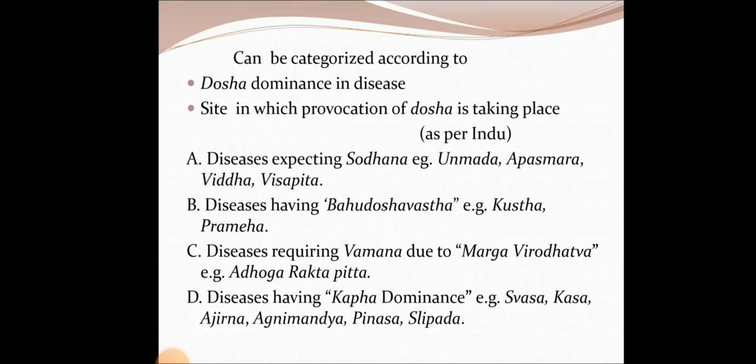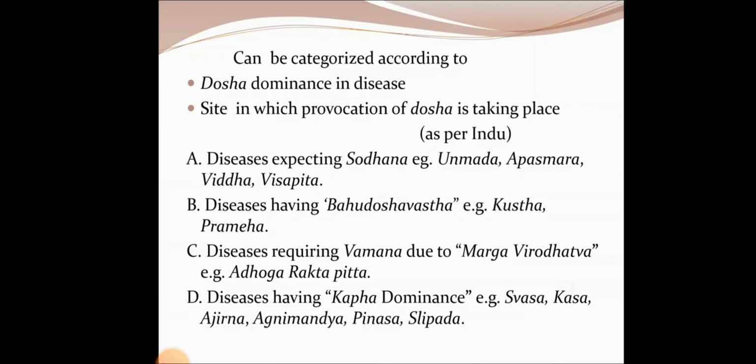Likewise, we can classify or categorize this. Diseases expecting shodhana means in unmada, apasmara, vittha, vishapida, etc. Uttama shodhana is indicated, uttama matra shodhana is indicated in these types of diseases. Then diseases having bahudoshavastha like kushta, prameha. Then diseases requiring vamana due to marga virodhitva.